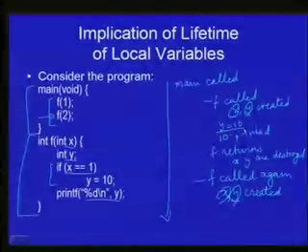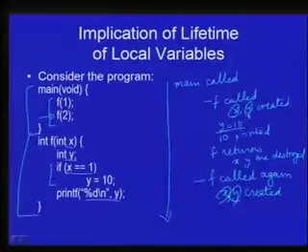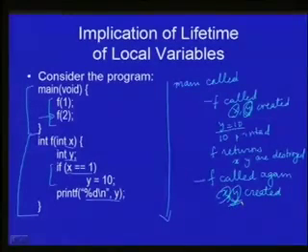So now the y assigned 10 had assigned a value 10 to this y, but this variable has been destroyed and another variable which also happens to be called y has been created. There is no guarantee that the new variable y would be created at the same place where the old y also existed, and therefore there is no guarantee that this time the variable y will retain its old value of 10.